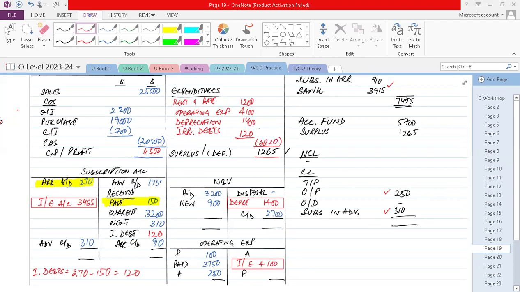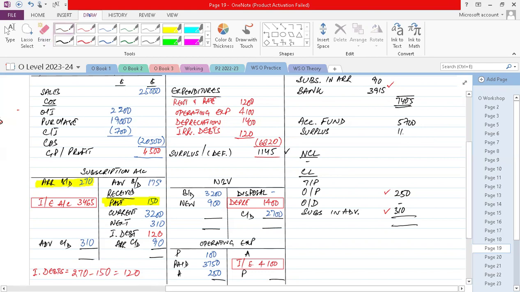Check the expense total again. And the surplus becomes 1,145. Surplus 1,145. Kindly check it. Is that balanced or not?